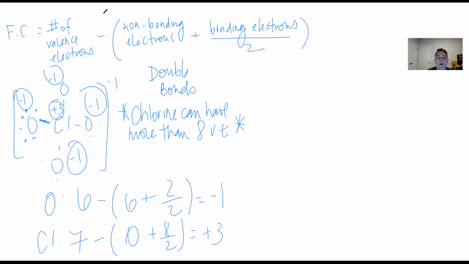Why? We're going to talk about that in our exceptions, but just keep this in mind: chlorine can have more than 8 valence electrons. So I'm just going to do all double bonds. Let's see what doing all double bonds gives us.